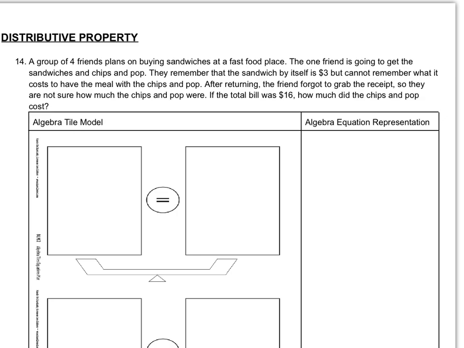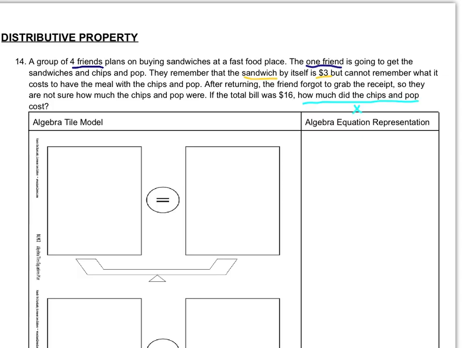When we're trying to write an equation, start with just writing down the things we know. What do we know? Well, we have 4 friends. We also see that the one friend buys all of the meals for the 4 of them. They know that $3 is a sandwich, but they don't know how much the chips and pop cost.